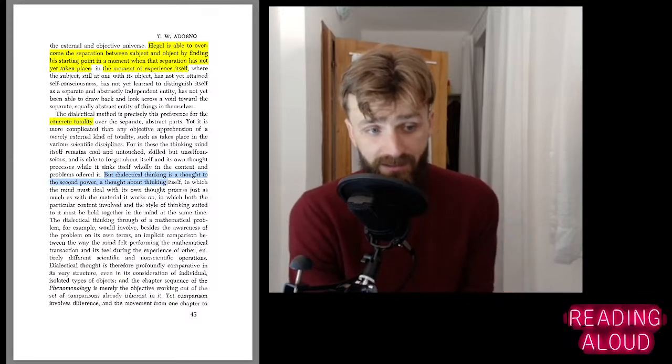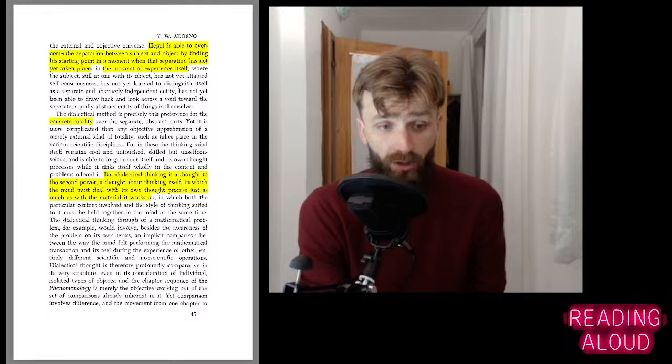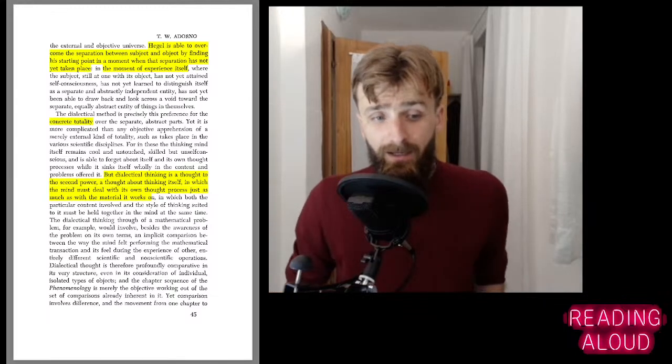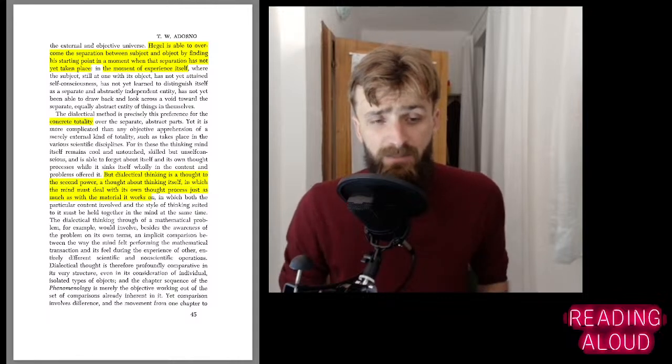But dialectical thinking is a thought to the second power, a thought about thinking itself, in which the mind must deal with its own thought process just as much as with the material it works on, in which both the particular content involved and the style of thinking suited to it must be held together in the mind at the same time.